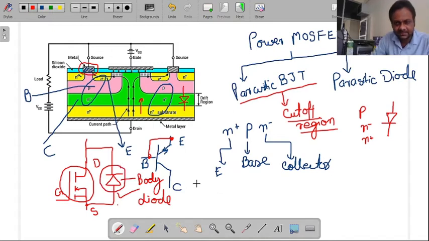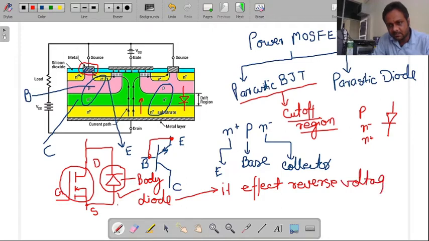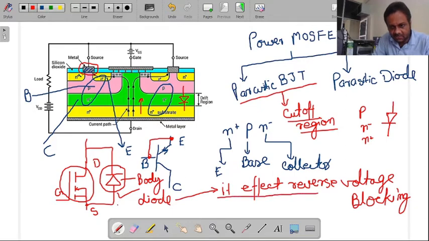So that means this body diode will affect the reverse voltage blocking capability. This body diode will affect the reverse voltage blocking capability because the anti-parallel diode is connected.